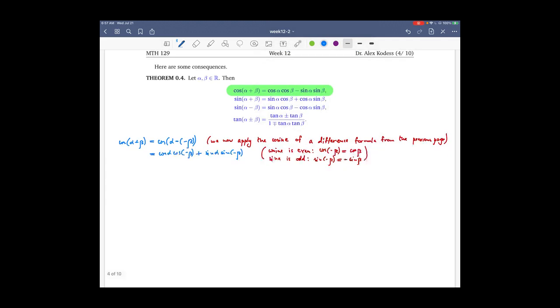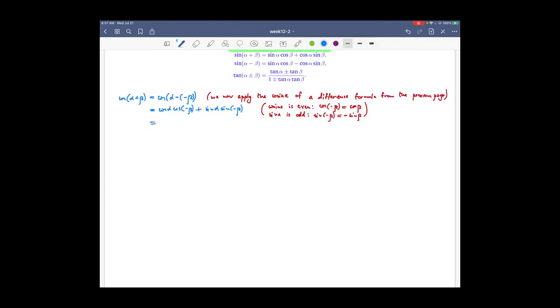So using this fact, we can write the last line as cosine alpha, cosine beta. So we simply ignore the negative sign here, and the negative sign here goes up front, giving us negative sine alpha, sine beta. As claimed.